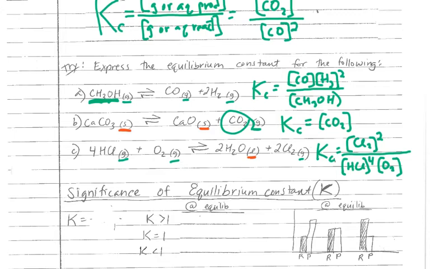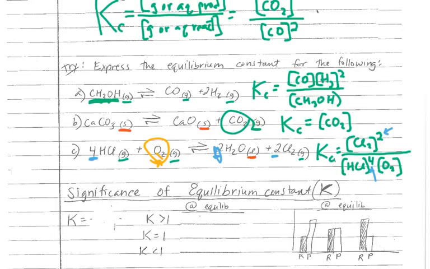All right, so remember, make sure that it is the coefficient that becomes the exponent, not the subscript. The subscript is part of the chemical formula. So O2 remains O2.